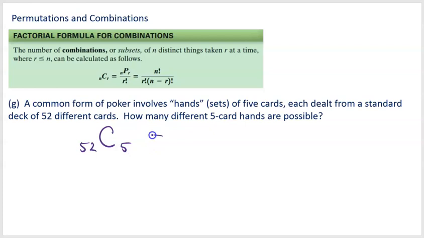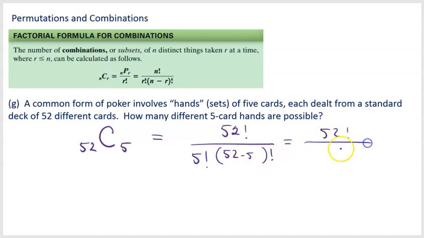So let's do that calculation. Remember, the first number is what goes on top. That's 52 factorial. The second number goes on the bottom, only when you're dealing with a combination. And then you subtract, and subtracting is in both formulas. So that gives me 52 factorial divided by 5 factorial times (52 subtract 5 gives me) 47 factorial.